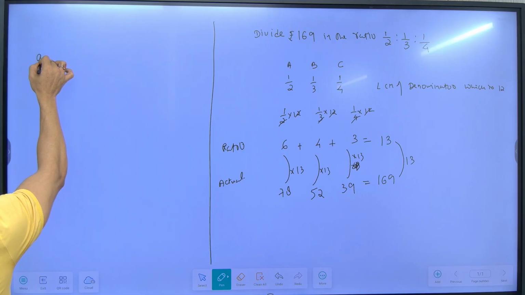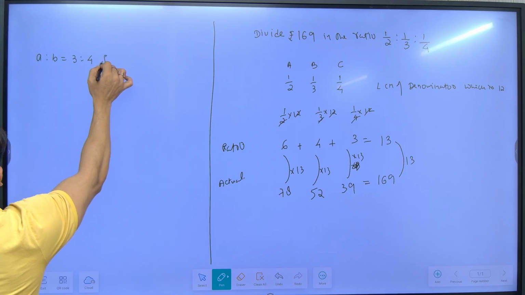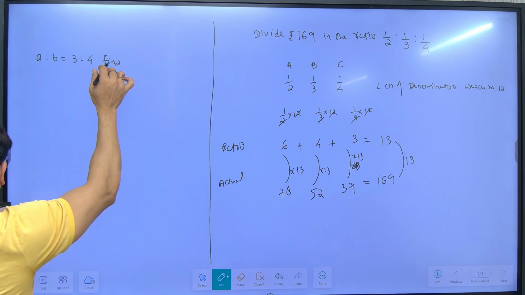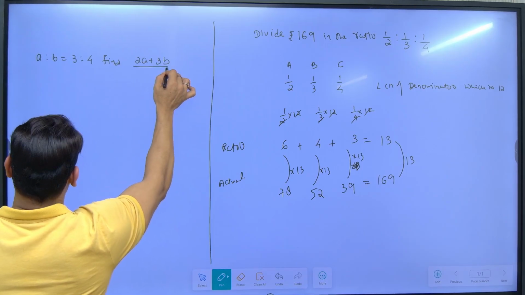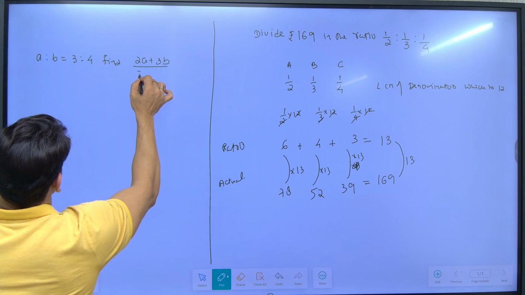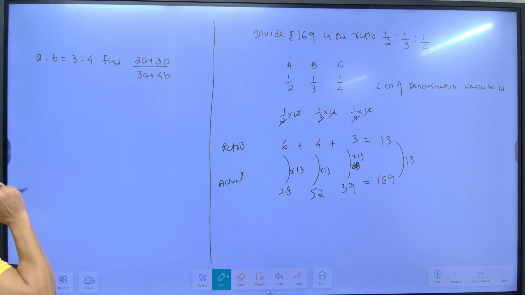Given that A is to B is 3 is to 4, then we have to find out the value of 2A plus 3B over 3A plus 4B. Right? See, the given thing is in ratio and the thing which you have to find out is also in ratio.